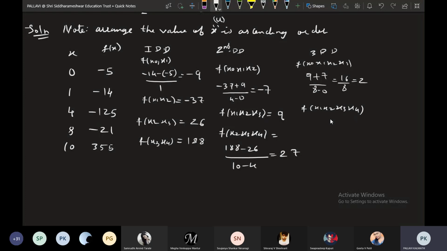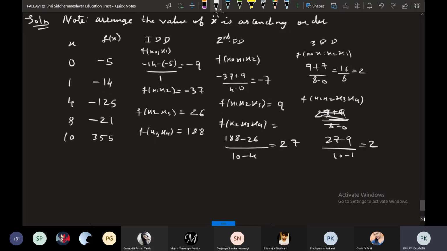What is this answer? 27 minus 9 divided by 10 minus 1, which is 2. Yes, ma'am. Okay. All of you got the difference?